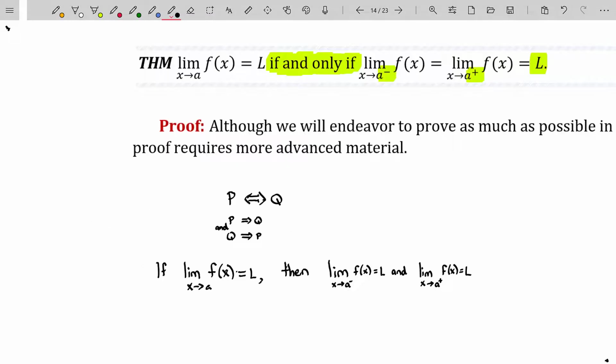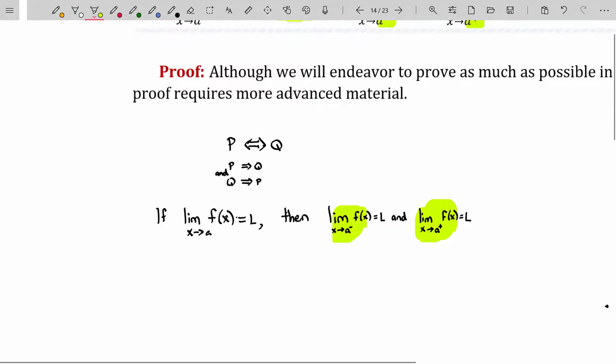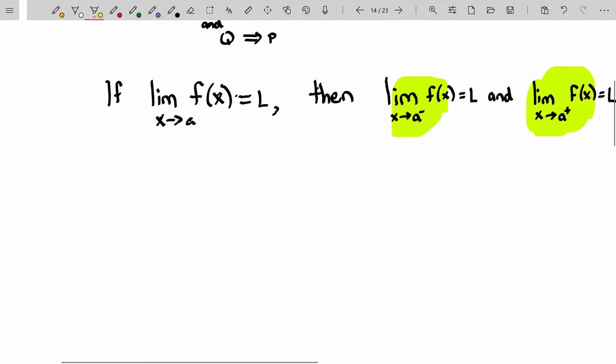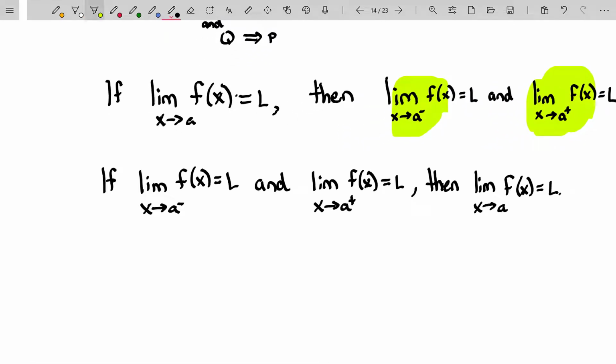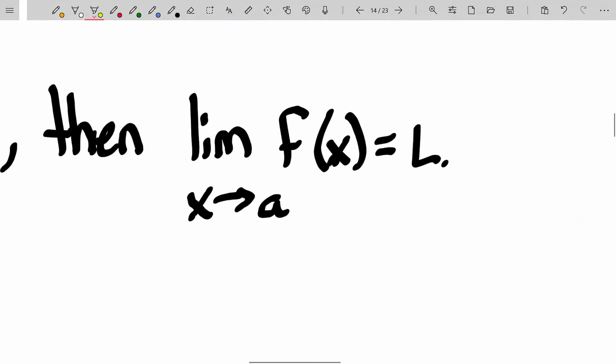So the forward part says that if the limit as x approaches a of our function is actually L, then it must be the case that the left and the right hand limits must also be L. On the other hand, the if and only if also says the following: if the left hand limit is equal to L and the right hand limit is equal to L, then the overall limit must also equal L.